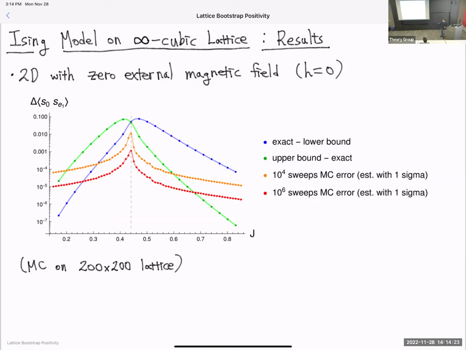So this green and blue are the positivity bounds, the size of the positivity bounds, roughly speaking, while this orange and red are the 1 sigma error bars of Monte Carlo. As you can see, they are pretty comparable to each other. And as you go away from criticality, the positivity approach is actually getting better.